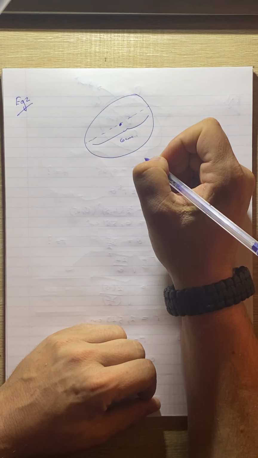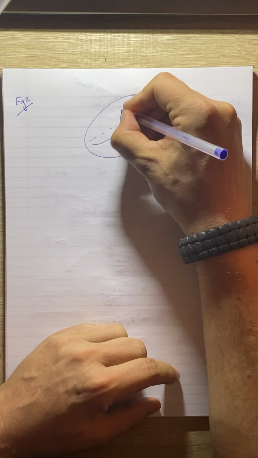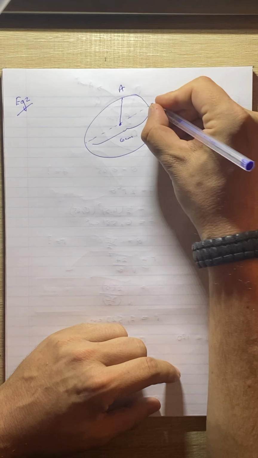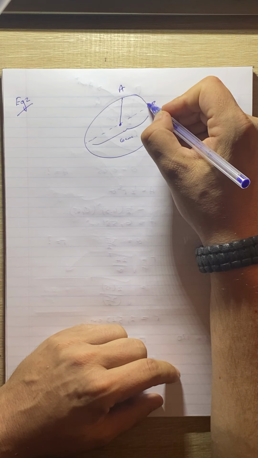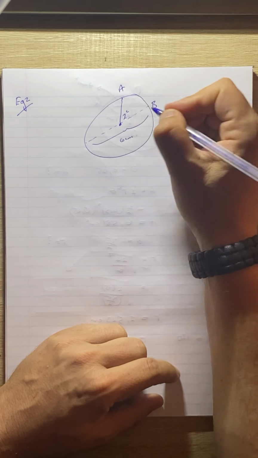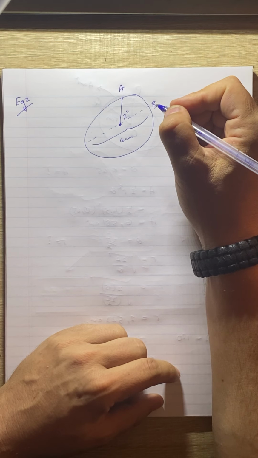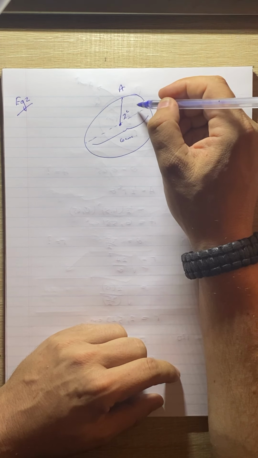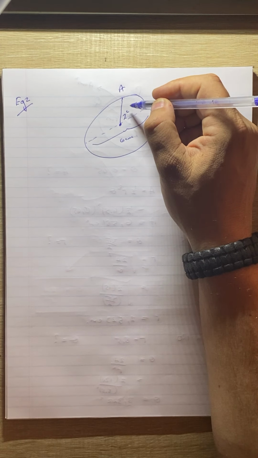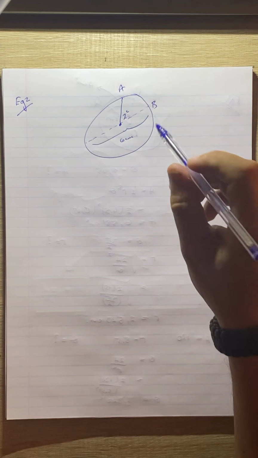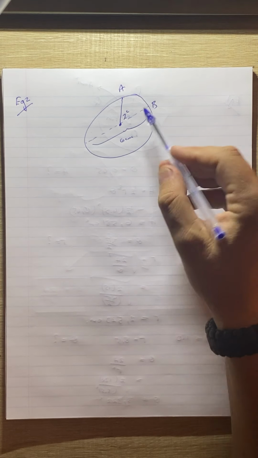And then they go on to say we've got a minor arc AB. So if that's A and that's B, the minor would be the smaller one, which subtends a central angle of 2 radians. Determine the area of the minor sector, so this one here, and then hence the area of the major sector. Okay, so first of all, I need to figure out what my radius is.